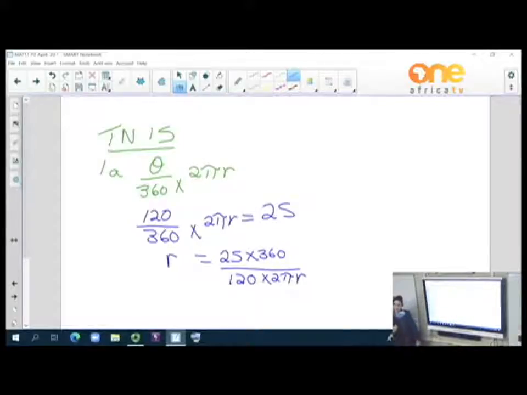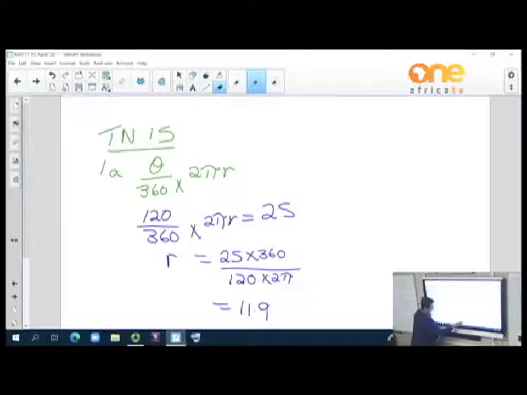So it's about opposite operations to get that length out. Okay, let's do that calculation. 25 times 360 divided by 120 times 2 times shift pi is equal to... so the radius is 11.9. Yeah, that's what I get.